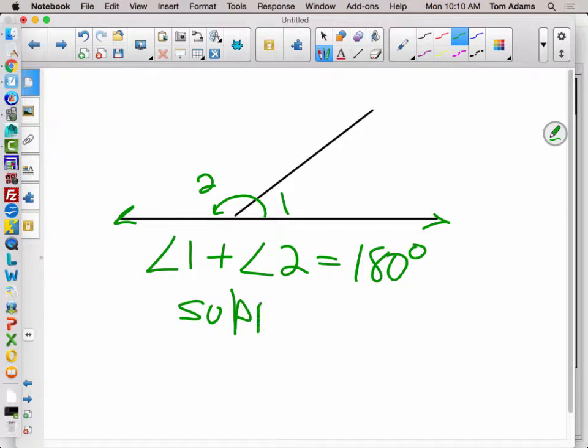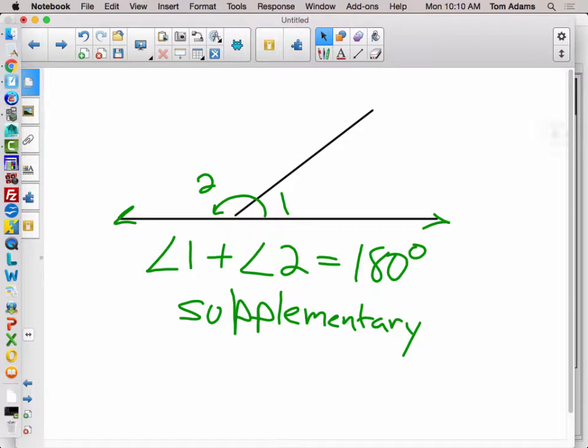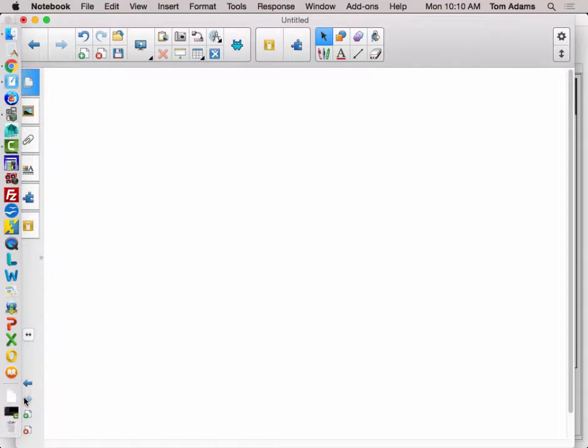So we would say that they are supplementary, which is a unique case. We're concerned with making sure something's a straight line, and so if we have an angle, sometimes in geometry we want to make sure that the next angle we add to it is equal to 180 total. So they're supplementary. So now let's jump into our actual example number 1.